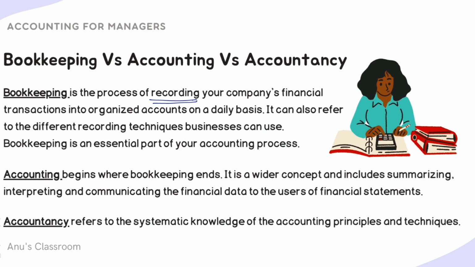There are different recording techniques which a business can use also, but bookkeeping is essentially a part of your accounting process. As we said, the four phases of accounting start with recording of our financial transactions. These financial transactions will be recorded in books, and that process is called bookkeeping.